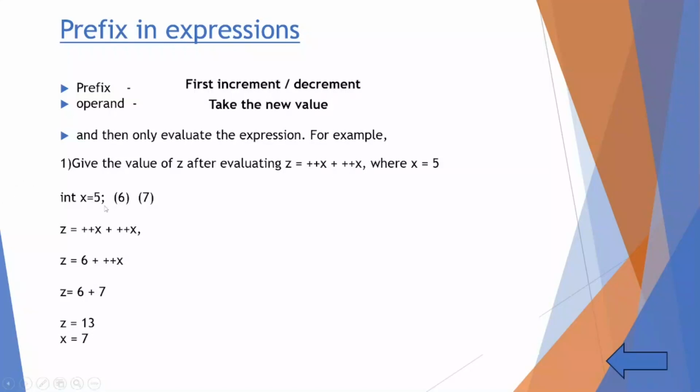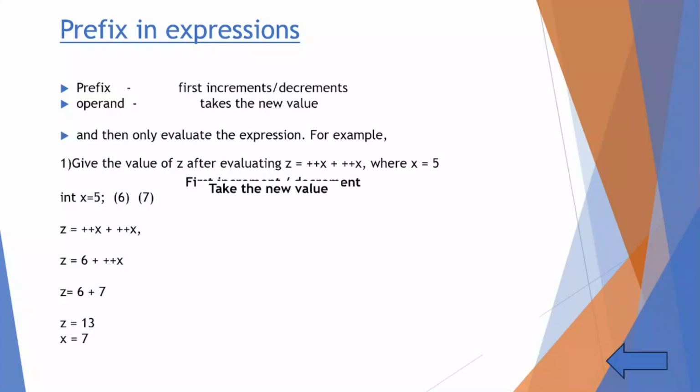Now, x is 5. We will come to know about these two things. The expression is ++x, that is prefix. Pre-increment means first increment, so we have incremented to 6, and then take the new value. So we have taken 6. Similarly, here also pre-increment.